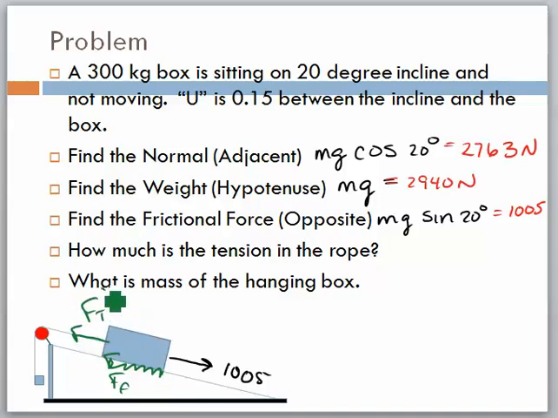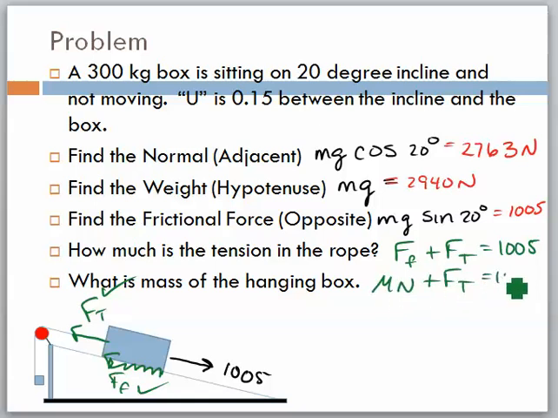I know that the force of tension and the force of friction have to be equal and opposite to this 1,005 newtons. So the force of friction plus the force of tension is equal to 1,005 newtons. The force of friction, I know that equation. That is just mu times N plus the force of tension equals 1,005.